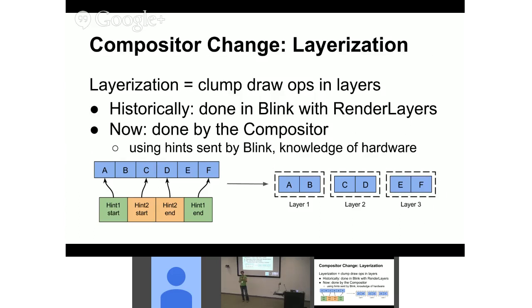Now, something that's not captured by this slide, but should be emphasized, is that we can do squashing at this level. We could, for example, say, well, what is the furthest back graphics layer I could squish these things into? And we could squash here. And it's a lot simpler to do squashing at this level than it was in Blink, where we had to promote everything and unpromote things and then change the space of everything. Here, we just move things into a further, behind the camera backing. Right.